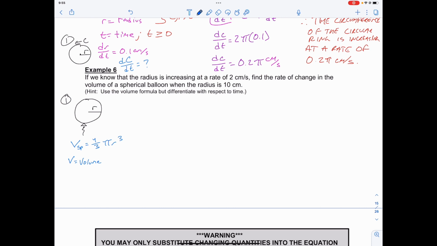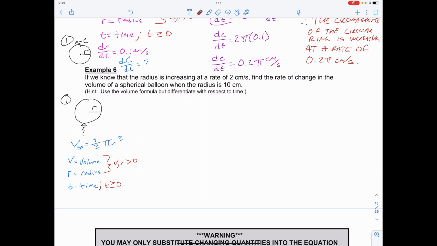We know that r is a radius. And we know that t is time, because this is in relation to time, where the volume and the radius have to be greater than 0, and the time has to be greater than or equal to 0.